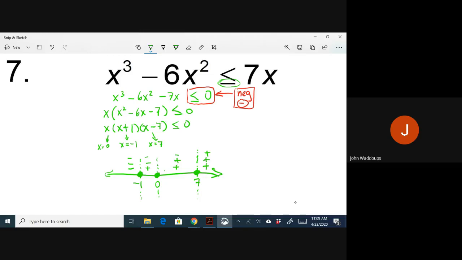Negative times negative would be positive, and positive times negative would be negative.